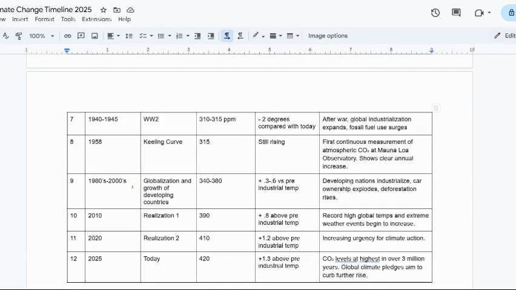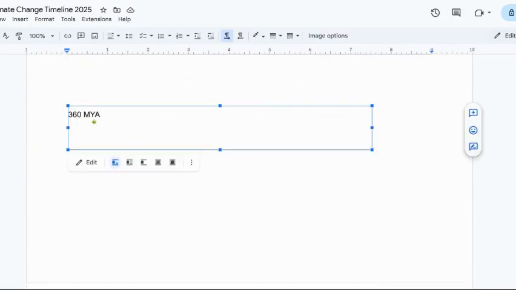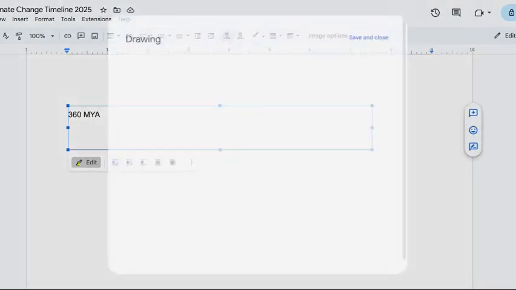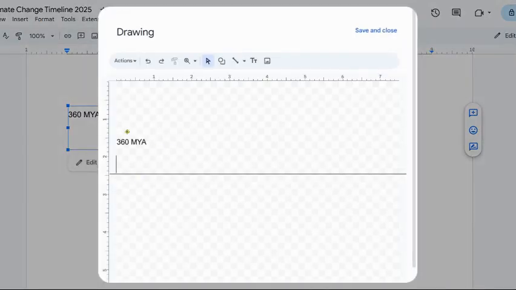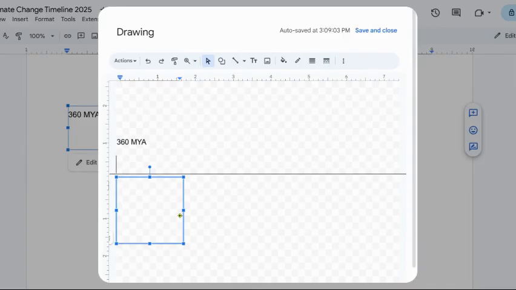So I'm going to go through and write down, right here, 200 to 280 parts per million. And we're going to say cooler than present day Earth.